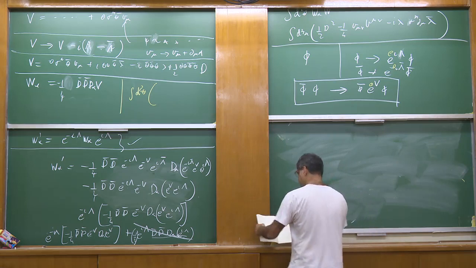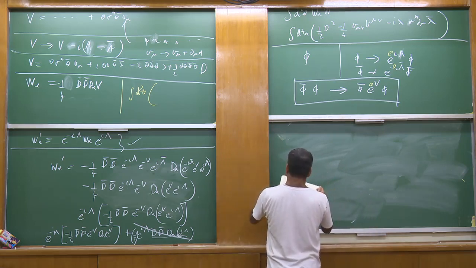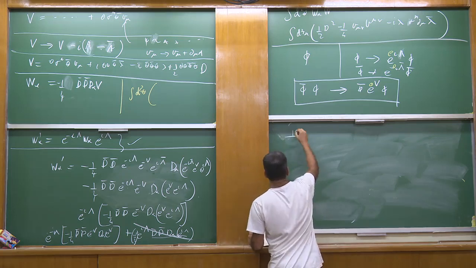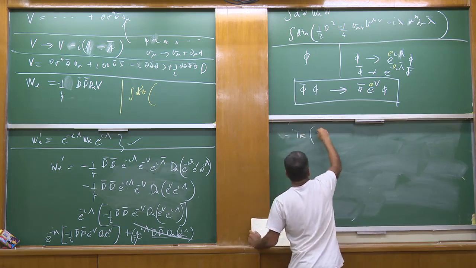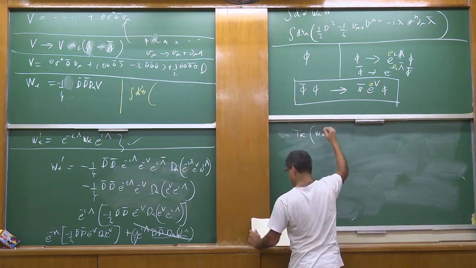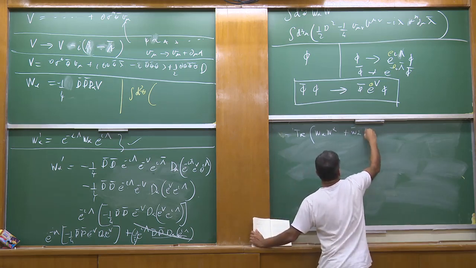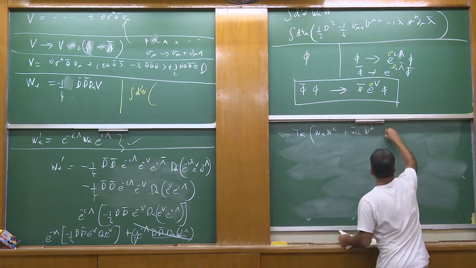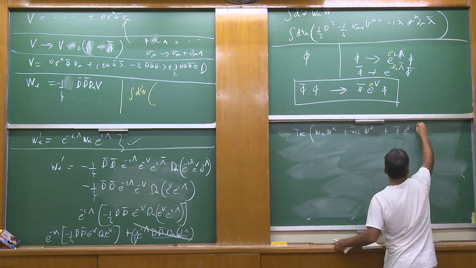I'm going to write down this thing. So what I'm going to do is take this Lagrangian, which is trace W alpha plus W alpha bar dot W alpha bar dot, plus phi bar e to the power v phi.